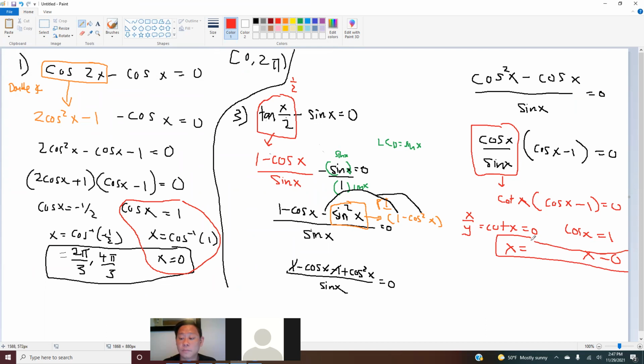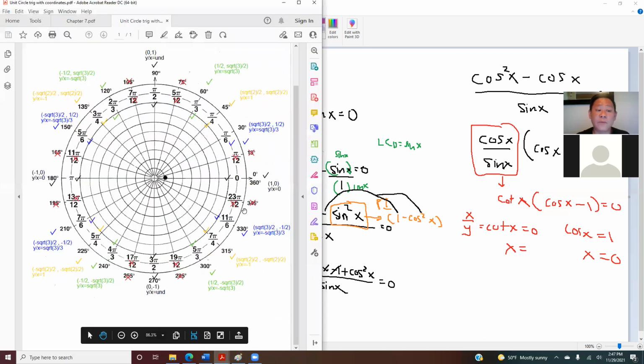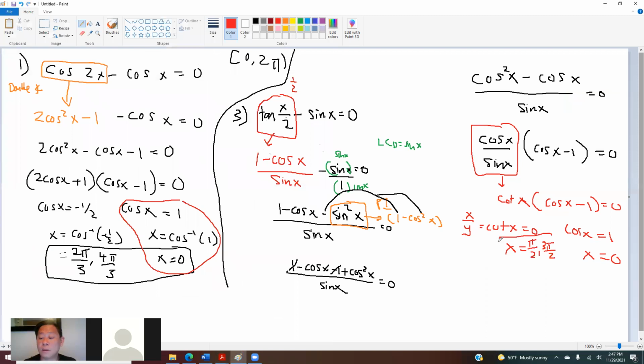Anyone? The one that gives you 0 is pi over 2 and 3 pi over 2. So this will be your answer in this case: pi over 2, 3 pi over 2, and don't forget the zeros that we found earlier on in this question.